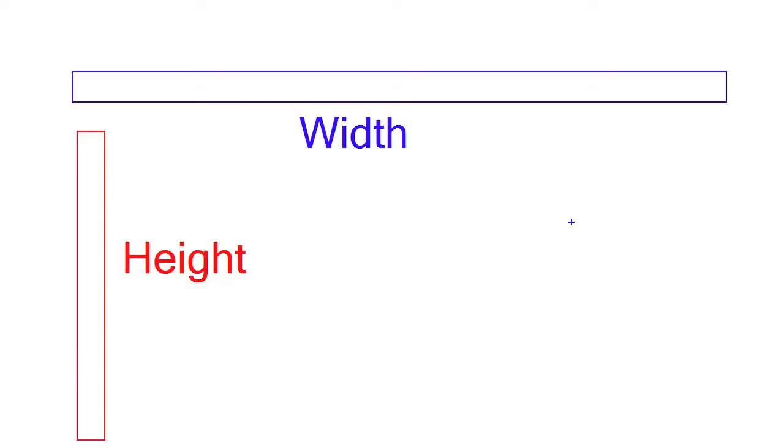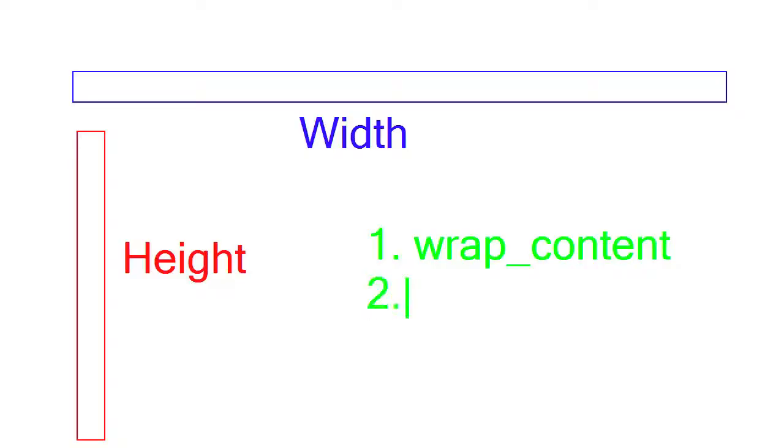The first option here is wrap content, and the second option is fill parent. These two options are very important to grasp, because what wrap content actually does is it will wrap the content.